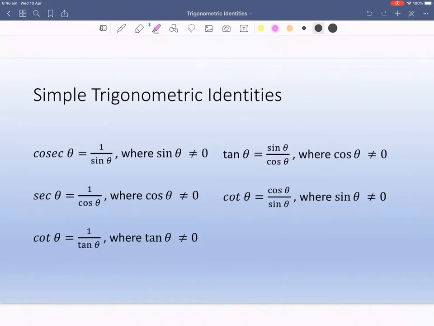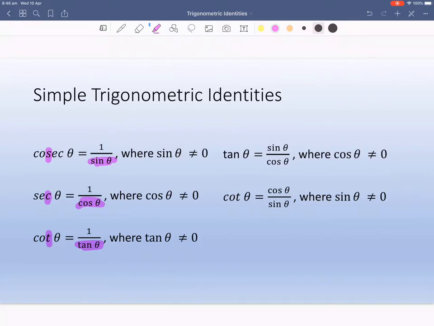Okay, so these are the first ones, and these are all in the formula sheet, and we've briefly talked about them. Cosec is equal to the inverse of sine. If we look at the third letter of each one of them, S means sine, C means cos, and T means tan.